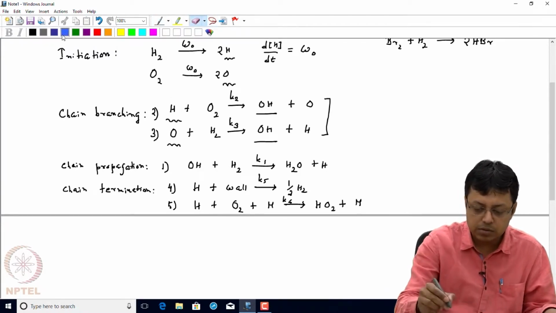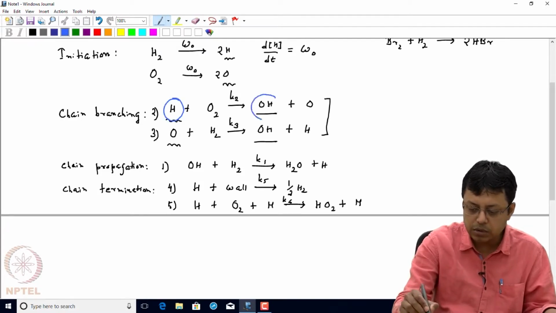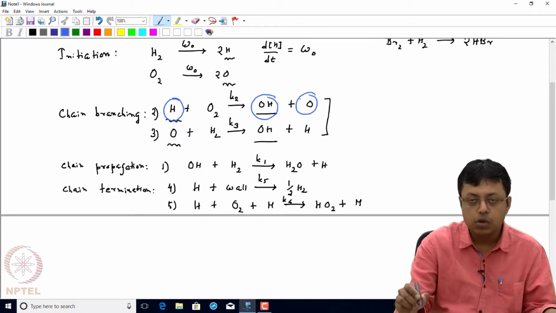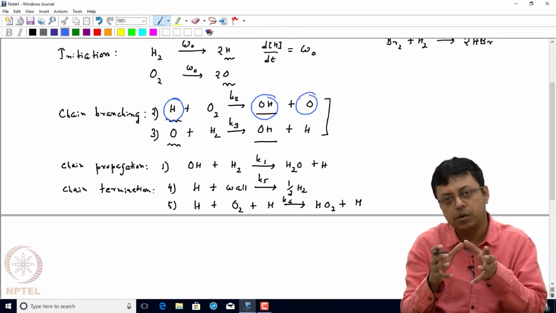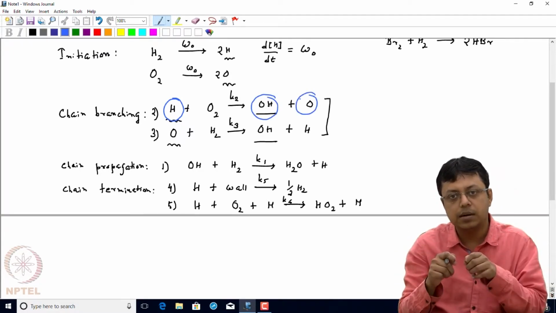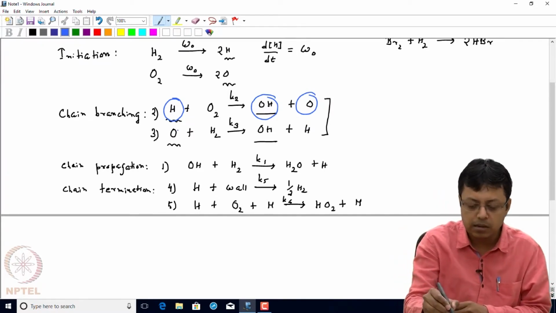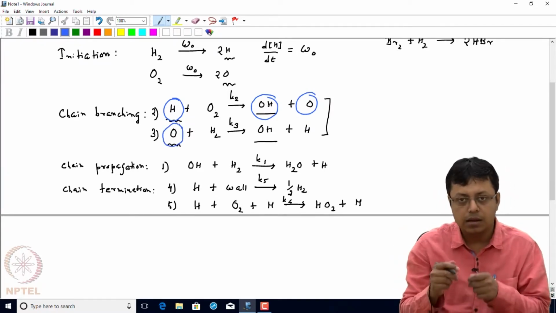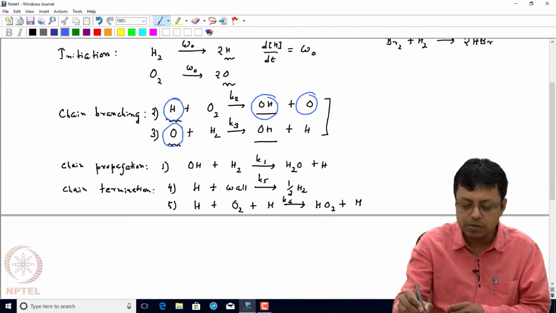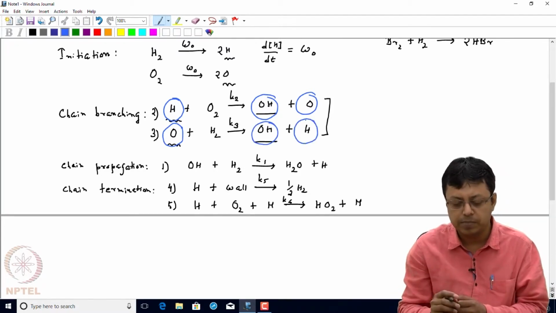We have used only 1 radical here, H, but we are getting 2 radicals, OH and O. So basically 1 radical is producing 2 radicals, the radicals are branched out. Similarly the oxygen radical is producing 2 radicals, OH and H. So here also it is a branching example.